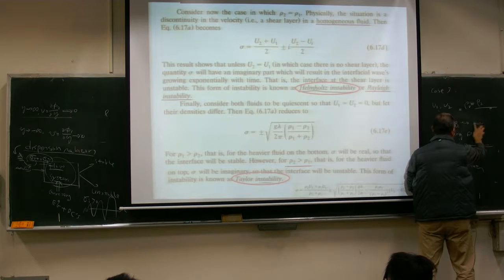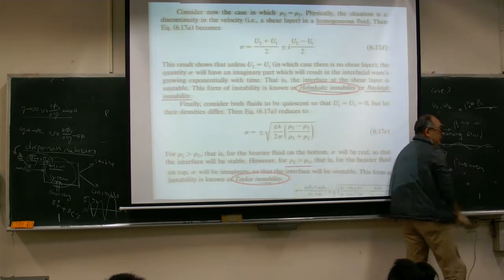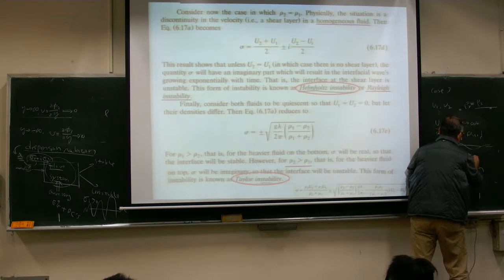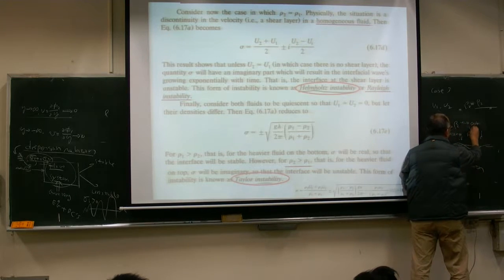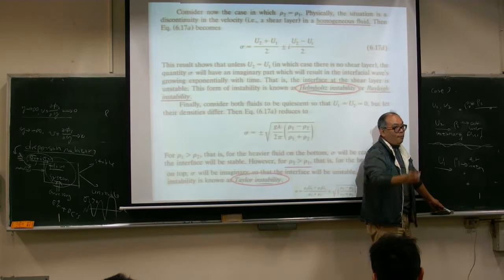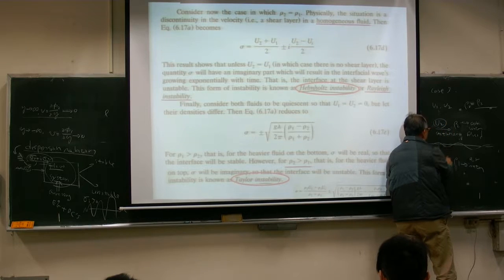That means both of these flows are the same medium. Either this is air, this is air, right? If this is water above, this is also water below. Okay, the same medium. Only difference is what? Velocity.